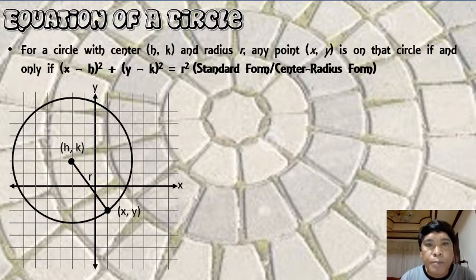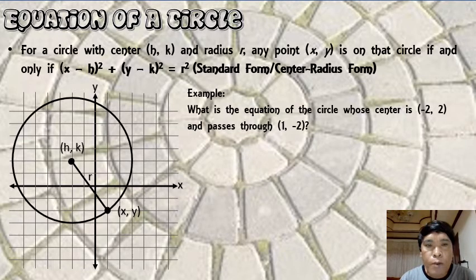Okay? Let's have an example for this. What is the equation of the circle whose center is at -2, +2, and passes through 1, -2?